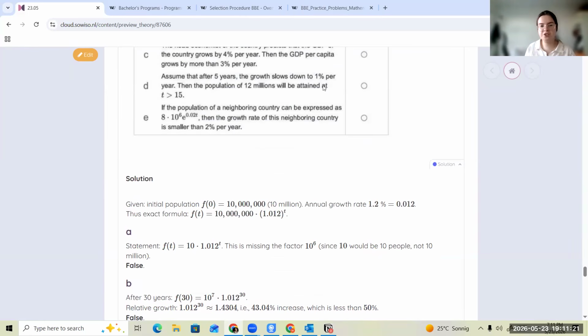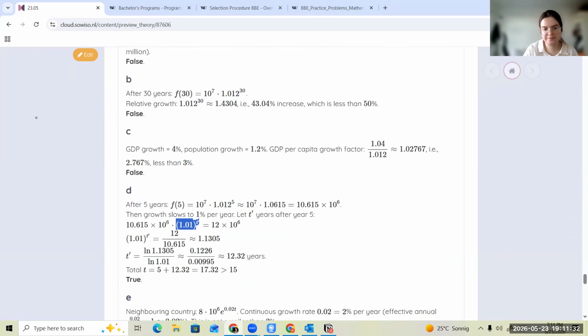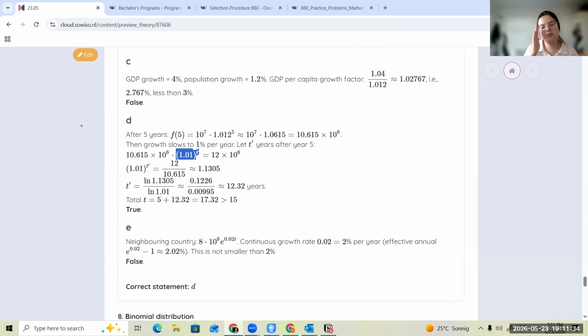Also be careful with percentages: increase by, slow down to, or percentage points, because it differs what kind of percentage you're applying. Actually, in one of the previous years, they also had percentage points, so just in case it comes up again.